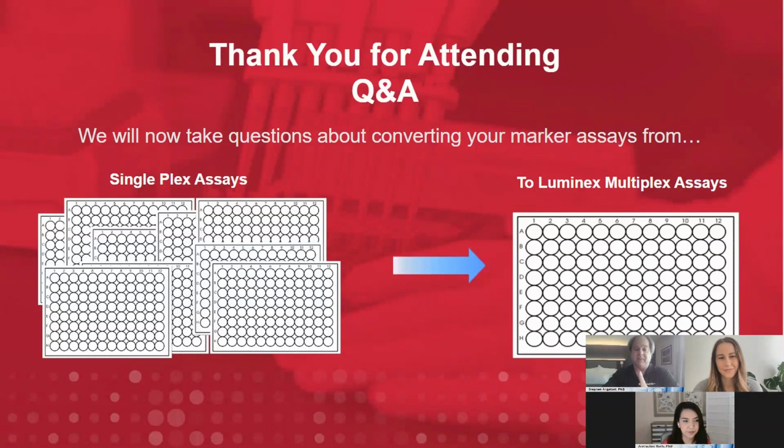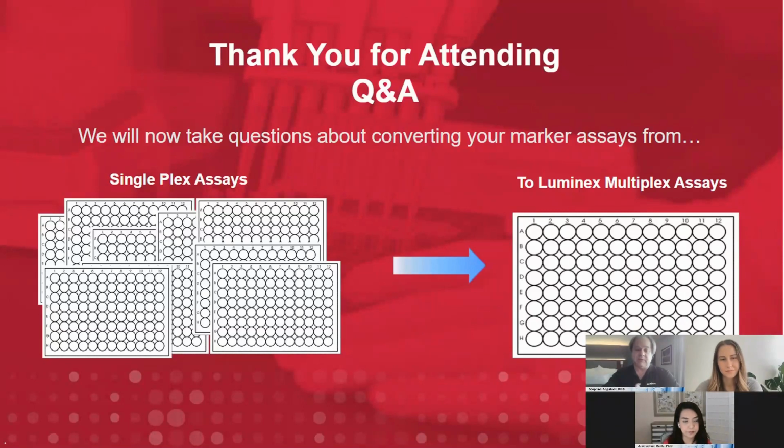So let's say if you have a 100-plex assay, and you need 5 microliters of sample, you're going to need like 500 microliters of sample to get all those data points. But that 5 microliters just by itself with Luminex can give you that same answer in one well of a 96-well plate.